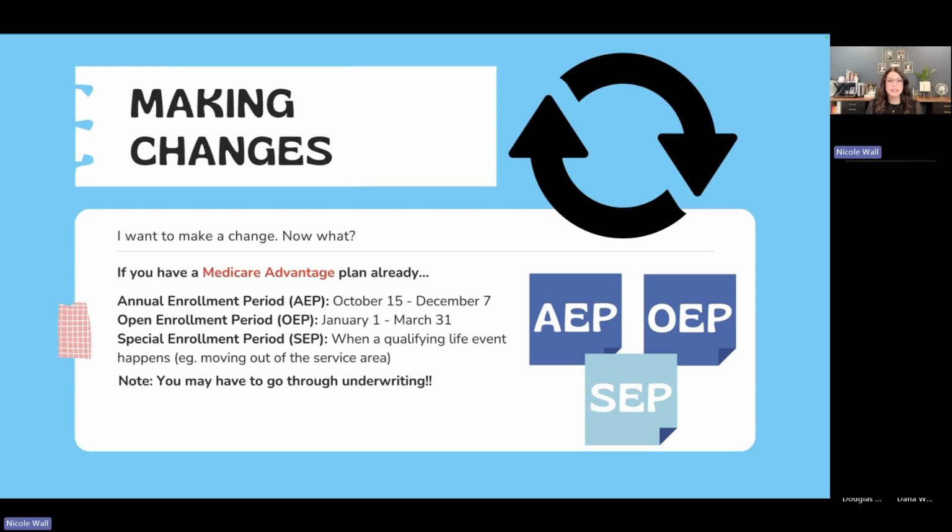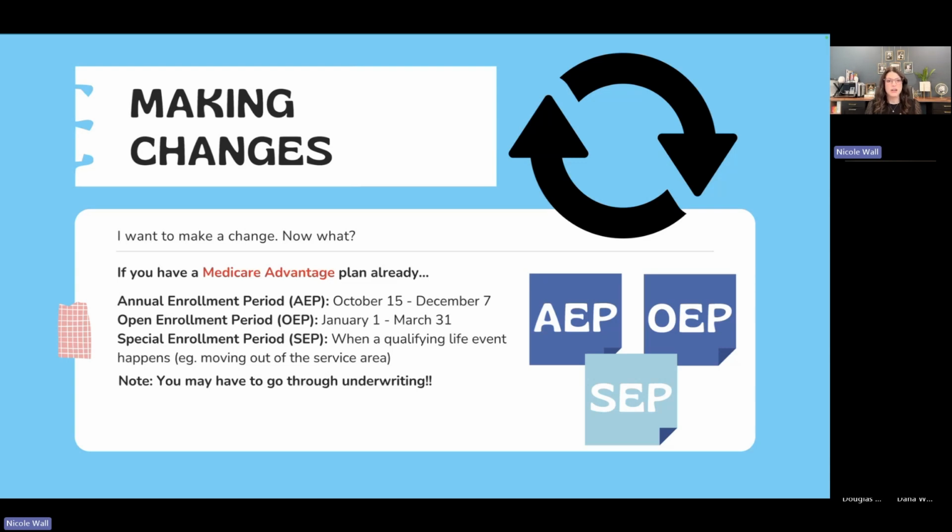The other option is there's an open enrollment period from January 1st through March 31st. This is only available to people that are already on a Medicare Advantage plan. Between that time, you're allowed to disenroll from your Medicare Advantage plan, pick up a Medicare Supplement, and pick up that standalone prescription drug plan.